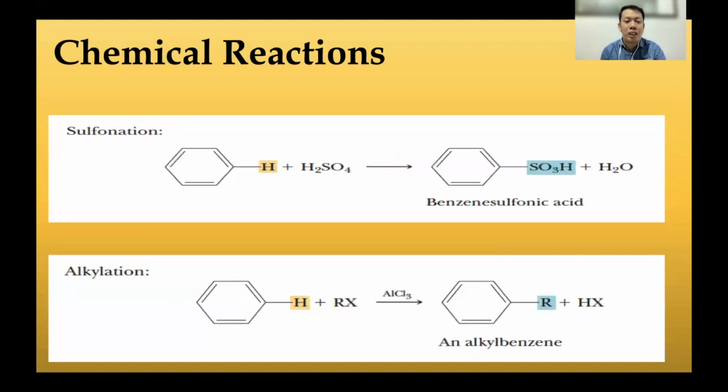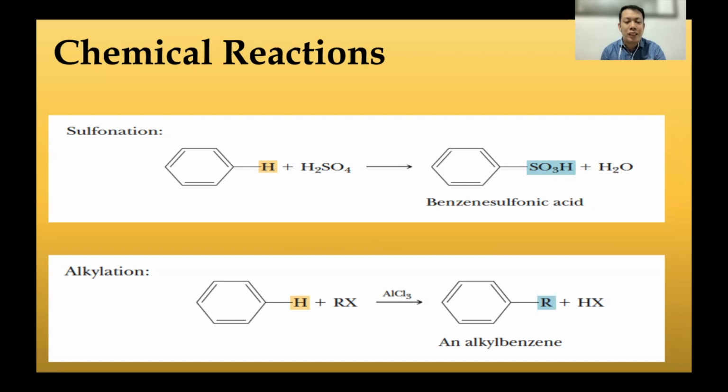Another one is sulfonation. That is the addition of sulfuric acid to benzene that will lead to the formation of benzene sulfonic acid. And the last one is alkylation. In alkylation, it will lead to the formation of an alkyl benzene. First, you have here benzene plus RX.